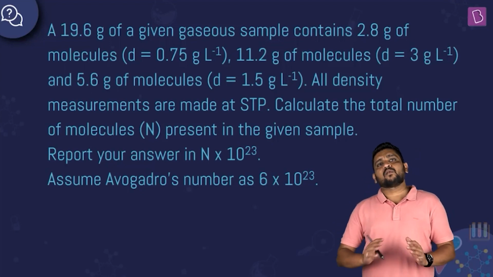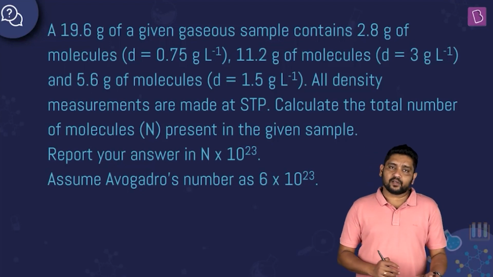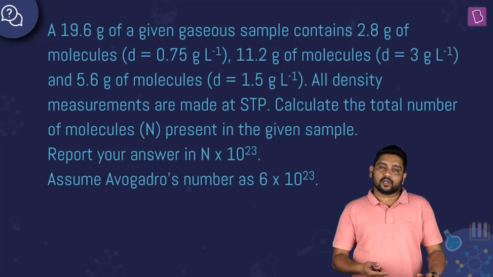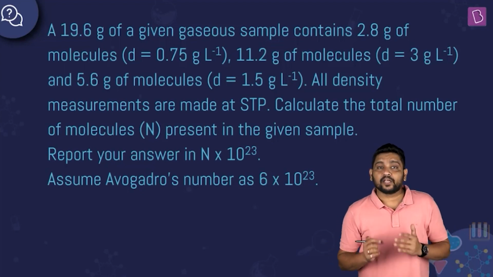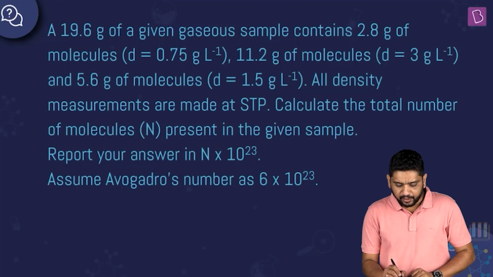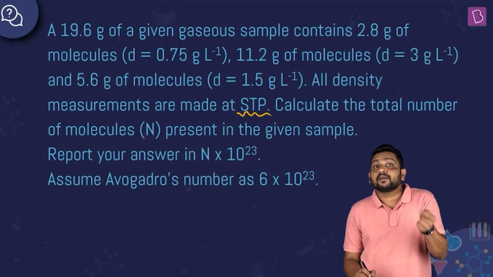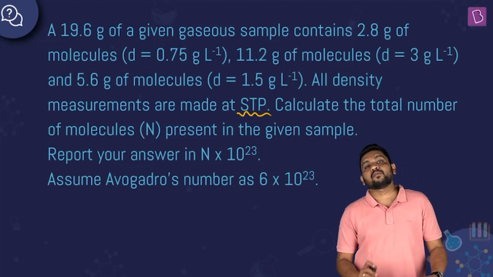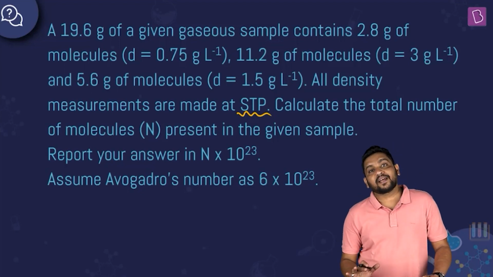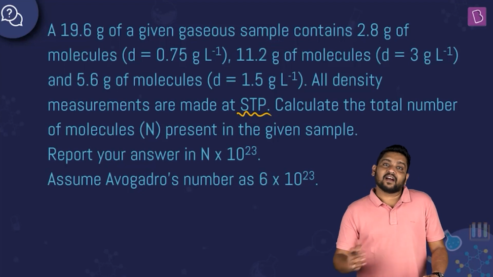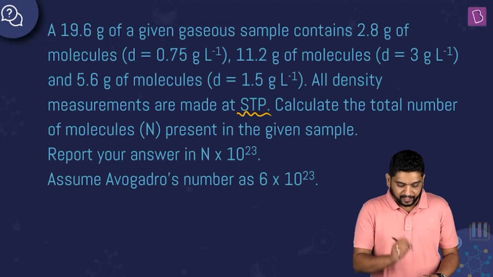Avogadro's law says that equal volumes of all gases contain an equal number of molecules. So it doesn't matter whose volume I'm taking. I'll add all the volumes and divide by 22.4. Why 22.4? Because it is given as STP. So total volume divided by 22.4 gives the number of moles. Once I get the number of moles, I'll multiply it by Avogadro's number to get the total number of molecules, right? So let's see.